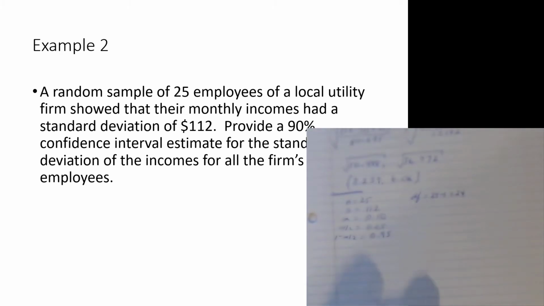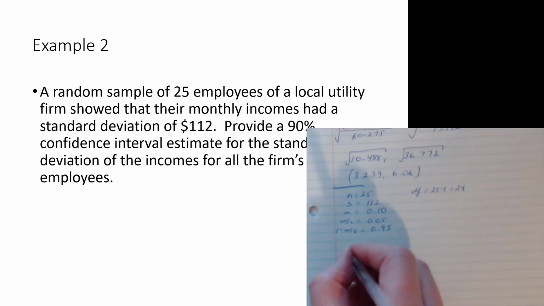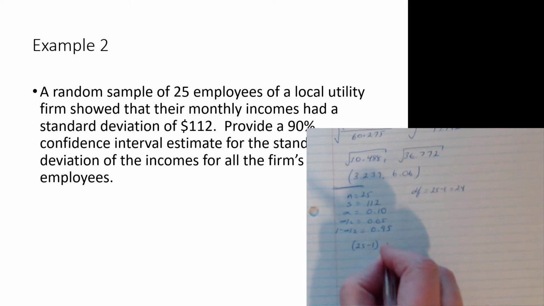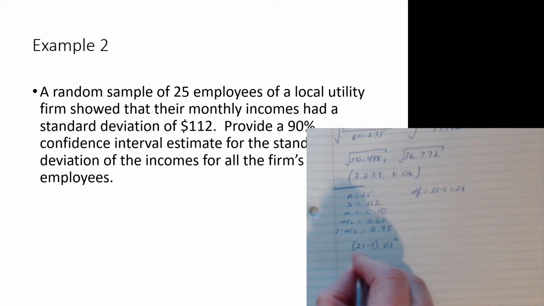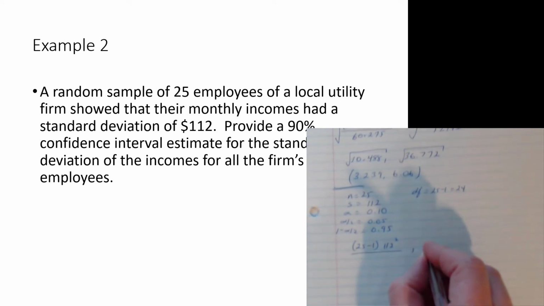First step, let's plug in what we do know and then look up what we don't know. So n, which is 25, minus 1, times 112 squared, and that's the common numerator for both.